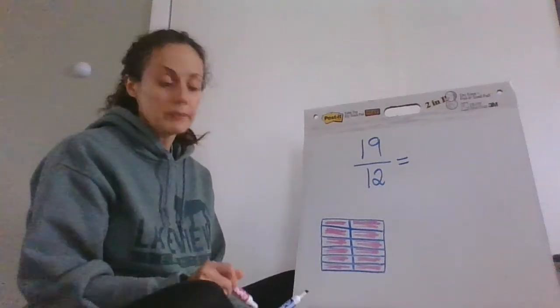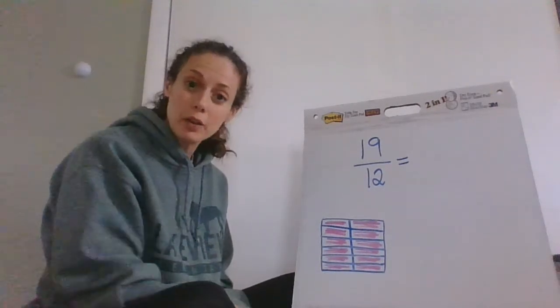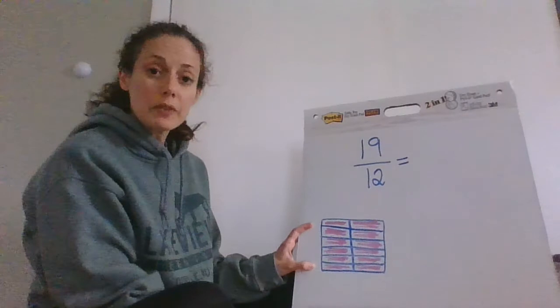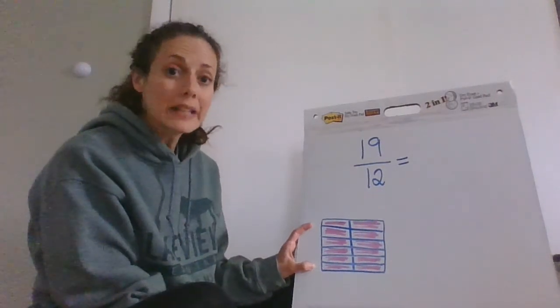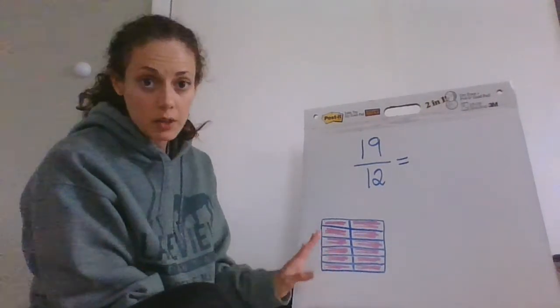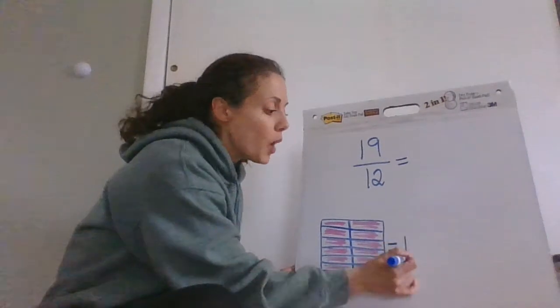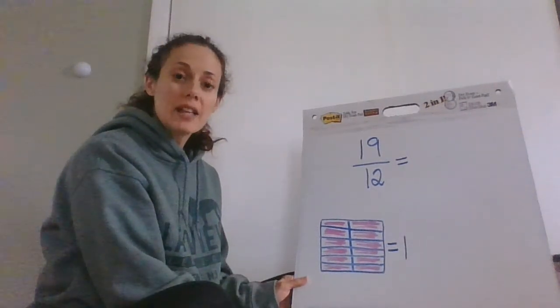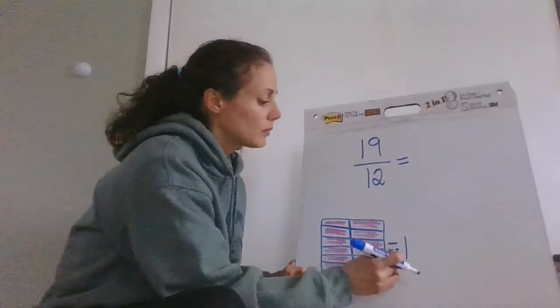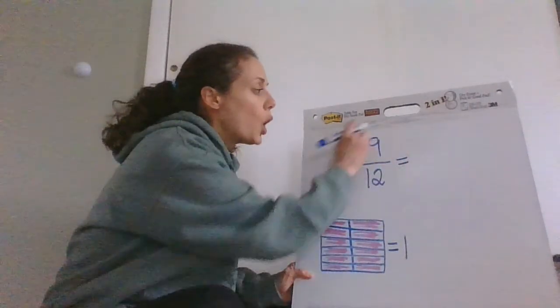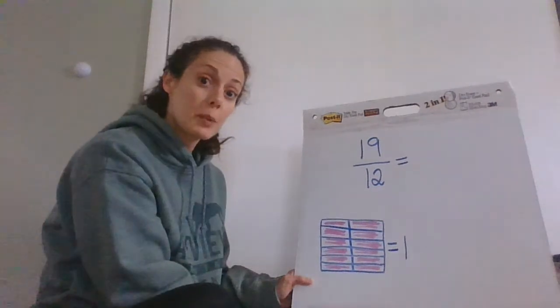Oh, well, I colored in all of them and I hit 12. So I know that when I have one of these things colored in completely, no matter how many equal parts there are, if the whole thing is shaded in, it represents one whole, which means that there's going to be at least one whole as part of the mixed number for this.